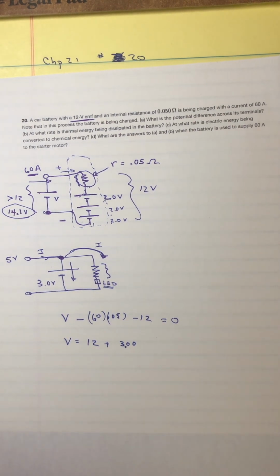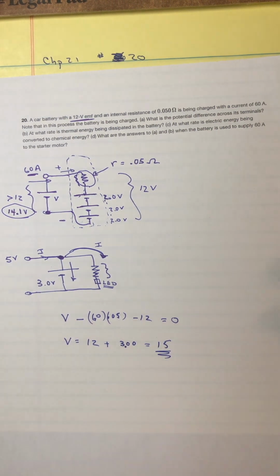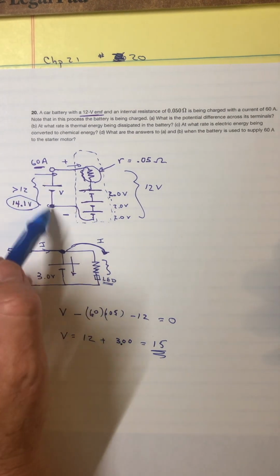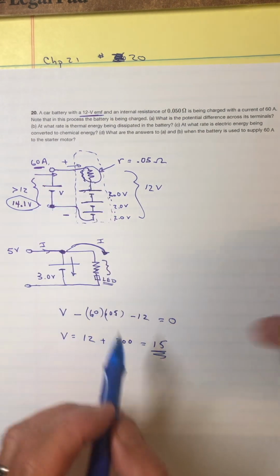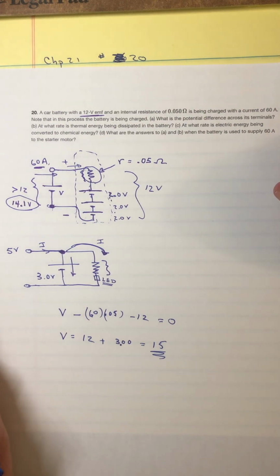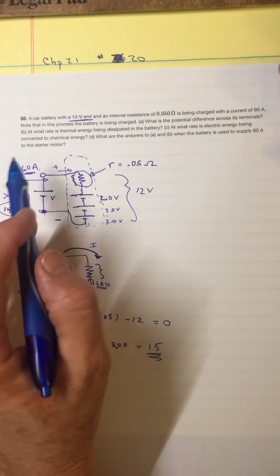So that's going to be 3 volts. And so 12 plus 3 is 15. The first thing to say here is that for this to be happening, I'd have to have 15 volts on my charging system, because as it runs through this, I lose 3 and then I lose 12 more. And so this is just making heat. And I think that's the next part of this problem.